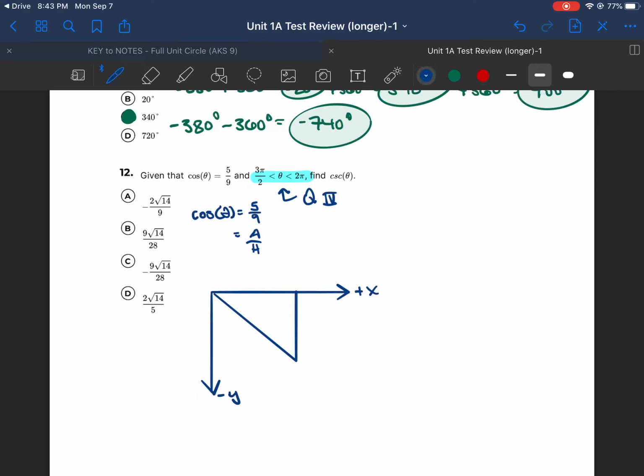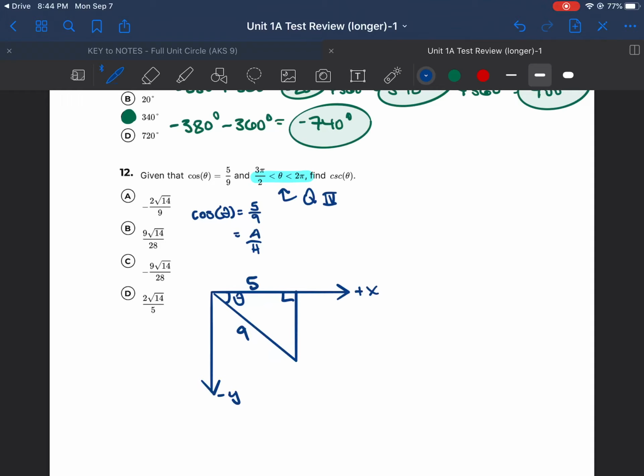So here's our triangle. We know that theta is going to be right here. There's our 90-degree angle. And because the cosine of theta is 5 over 9, that means the adjacent leg is 5 and the hypotenuse is 9. Now, the hypotenuse is always going to be positive for these triangles, and the signs of the adjacent and opposite legs are determined by which quadrant we're in.